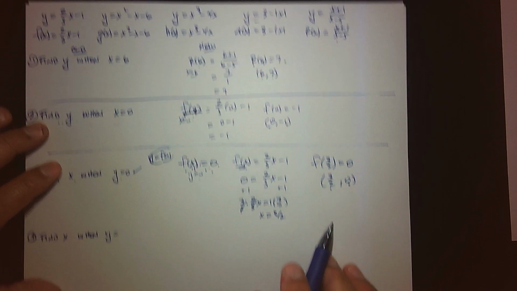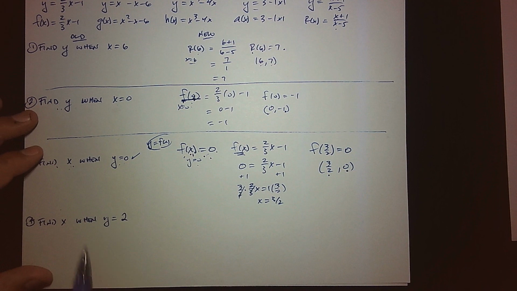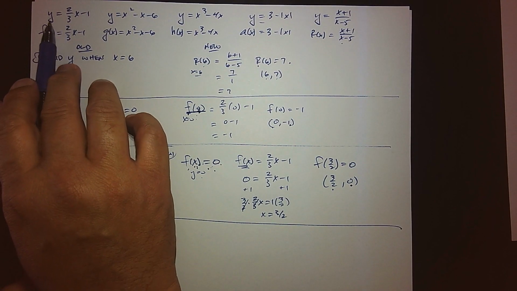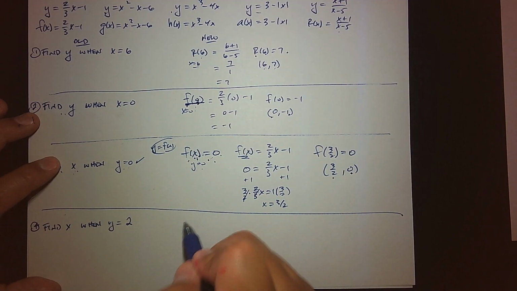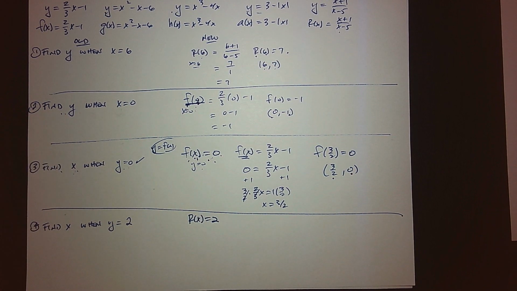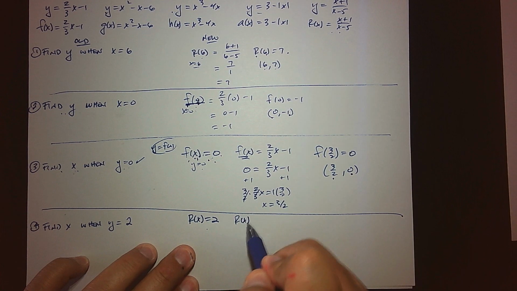So let's see that one more time. So let's find x when y is equal to 2. So again, the old school way, I'd have to sit there and kind of, well, which one? Are we replacing it here, here, here, here, here? The new school way is I'll say this. Okay, so that now tells us this. We are now focusing on this function here.